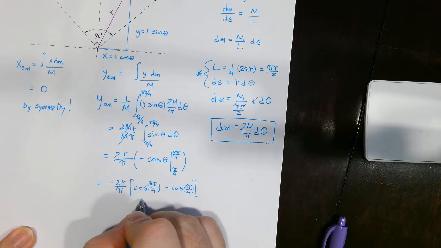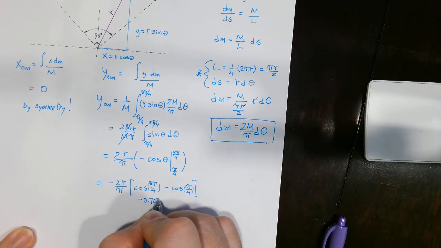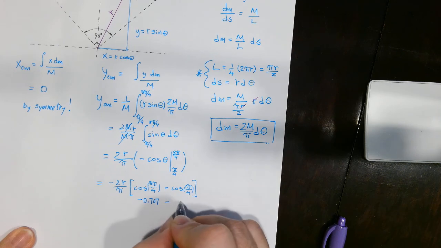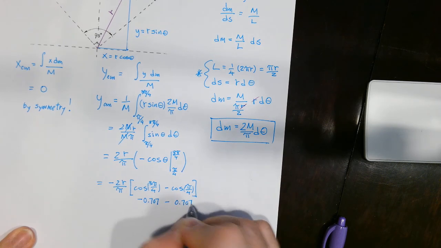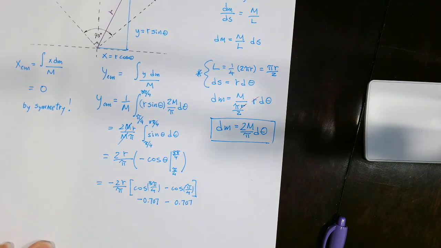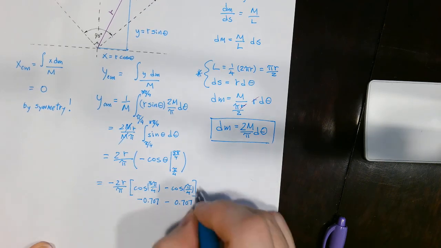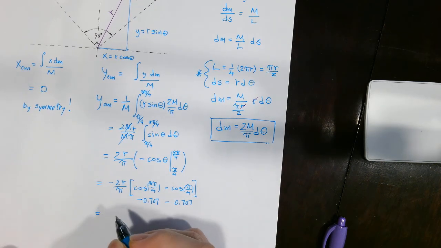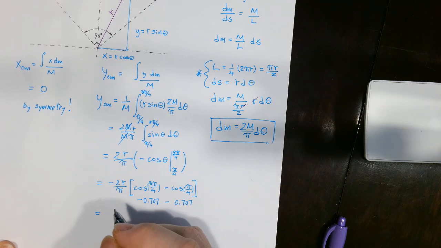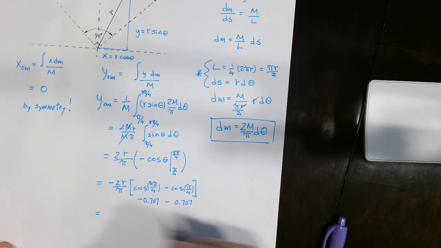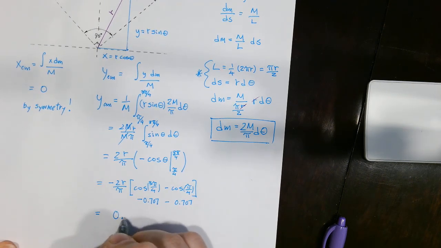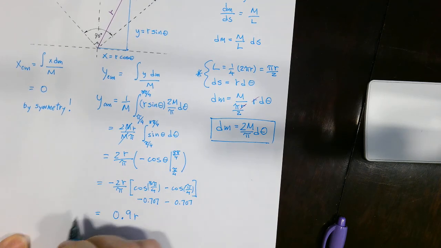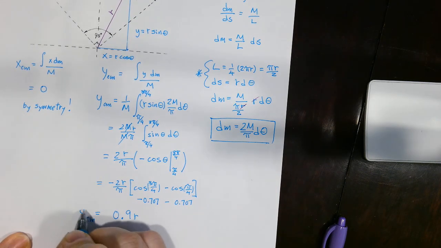This is negative 0.707 minus positive 0.707. I'm going to just give you the answer: 0.9r is my y sub cm.